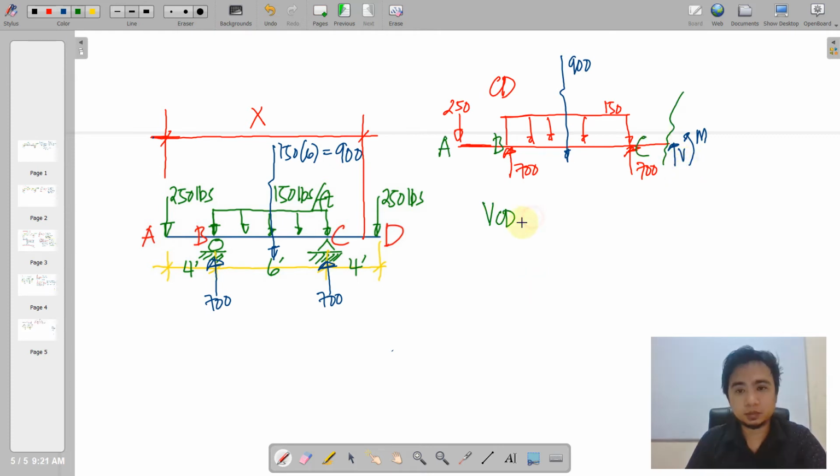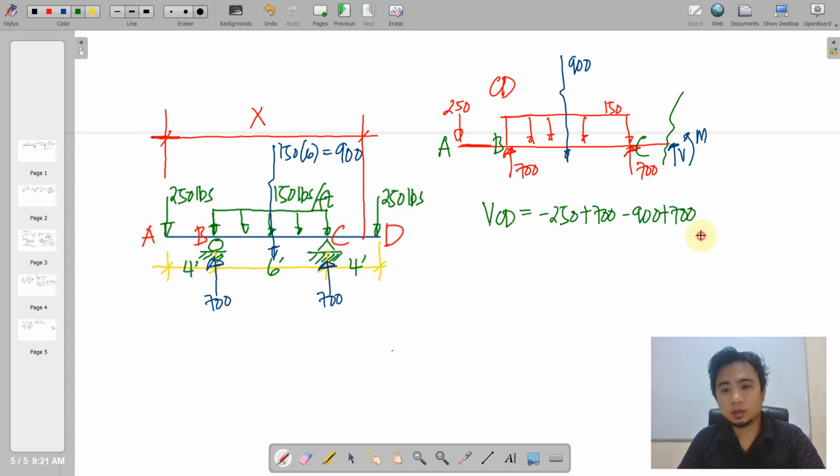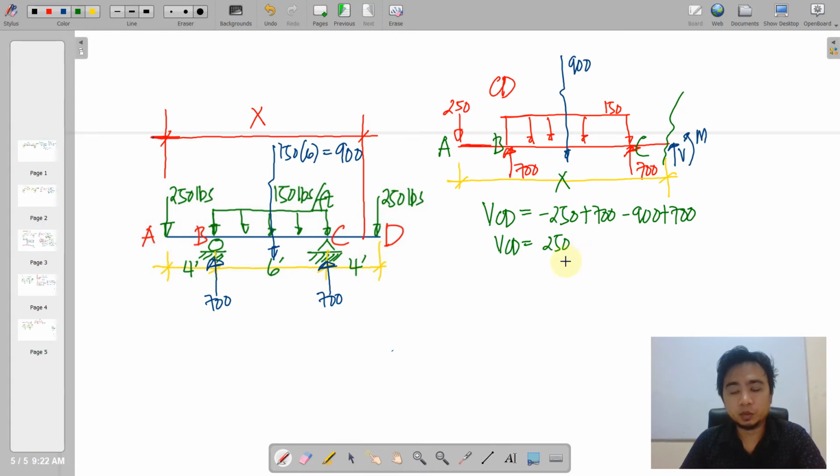Okay, so we write the shear at CD, and all of which does not involve the x, and that is our x. So we have positive all throughout within the boundaries of CD. So for the moment at CD, we pin this reference point.